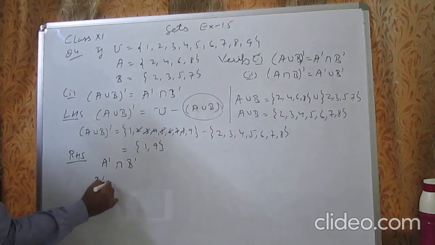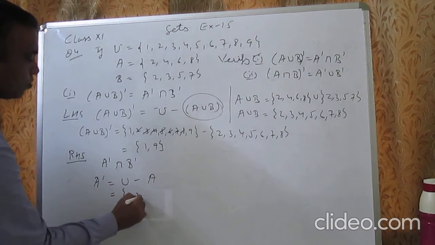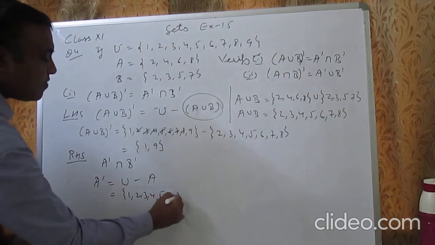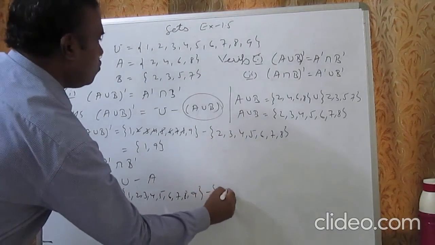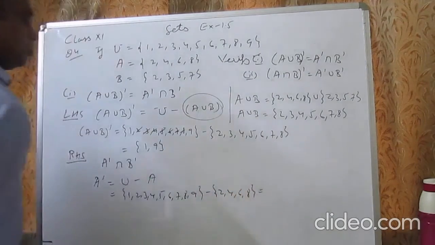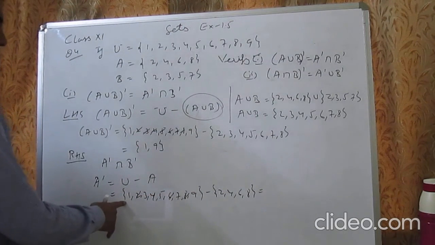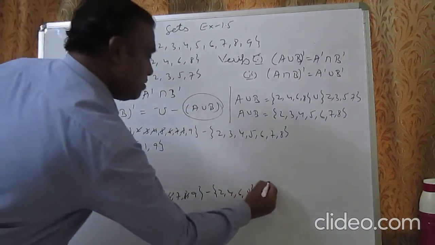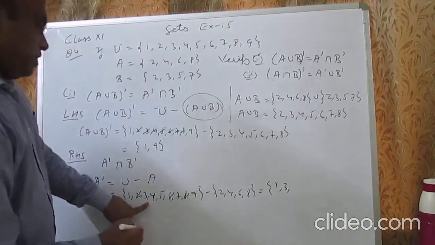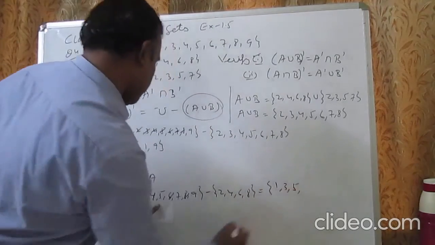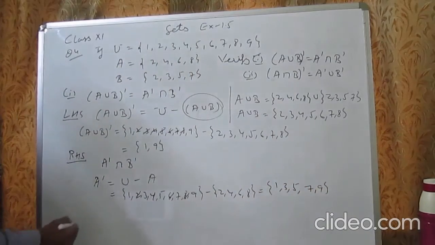First I will find A complement, that is U minus A. The universal set is 1, 2, 3, 4, 5, 6, 7, 8 and 9. What is A? 2, 4, 6, 8. So leave these out. What are the remaining elements of the first set? 1, 3, 5, 7, 9. What is B complement?